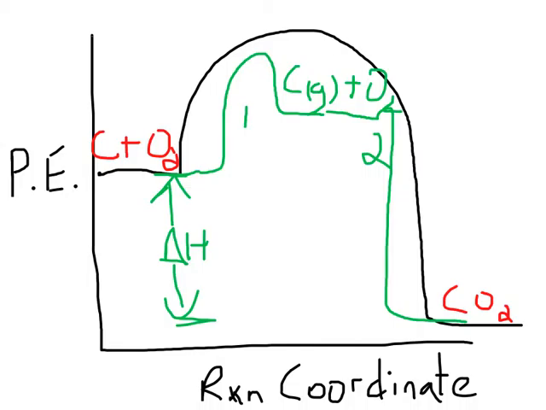So whether I'm just directly going from here to here, or whether I go through this whole rigmarole to get to here, the delta H stays the same. And that's what Hess stated.